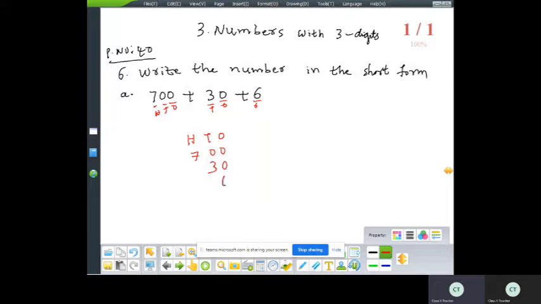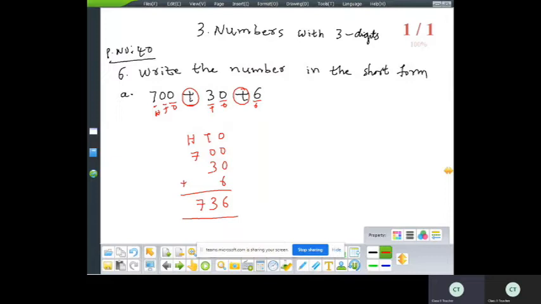Only one, that is 6. The operation is addition. Put plus. 0 plus 0, 0, 0 plus 6, 6, 0 plus 3, 3, only 7. 736. The short form of 700 plus 30 plus 6 is 736.